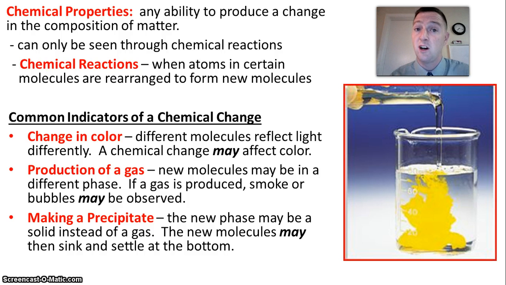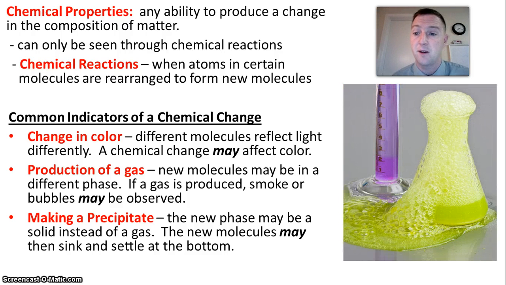Okay? Also, you might have the production of a gas. How do you know that a gas is being formed? Well, you might see smoke if you have a liquid. Okay, you might see the gas bubble up from underneath and produce bubbles. And so what's going on here is the new molecules we're forming are not in the same phase as the liquid.